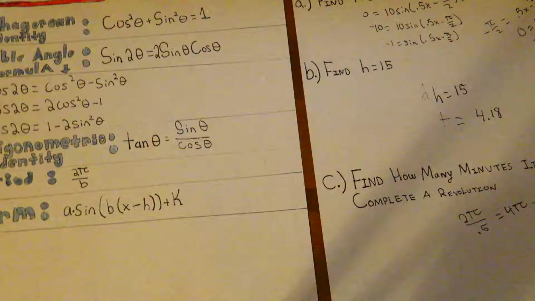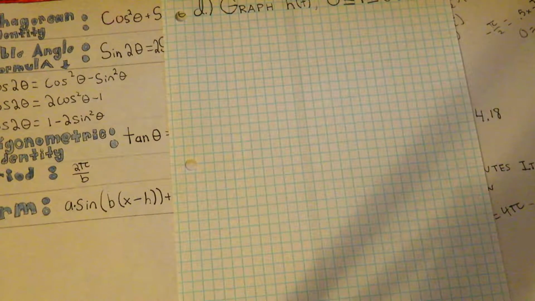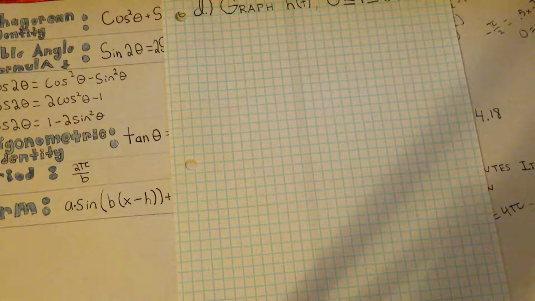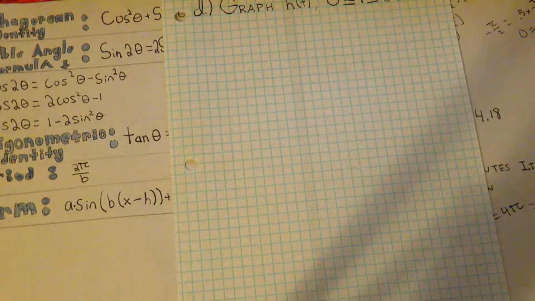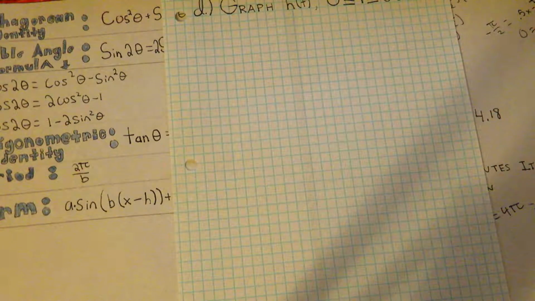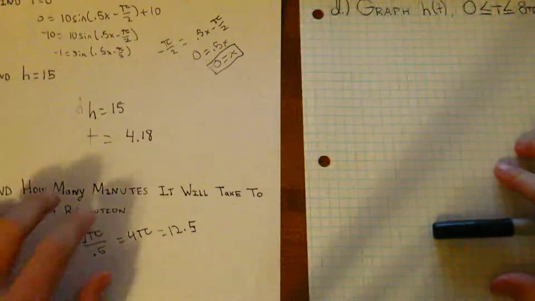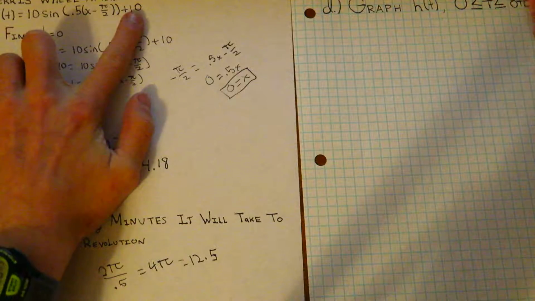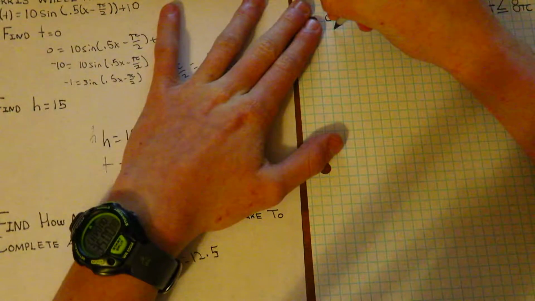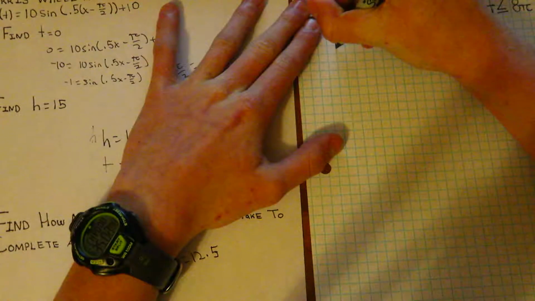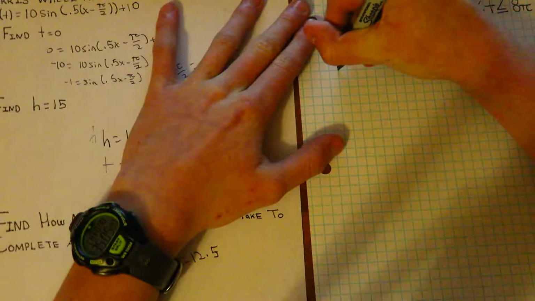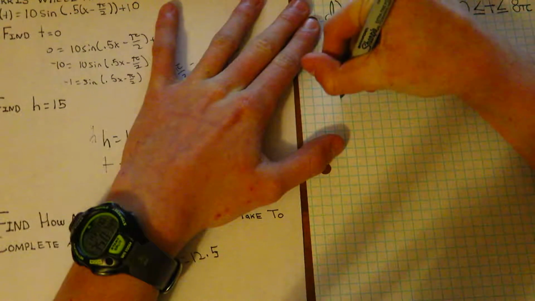Okay, so now we go on to problem D. Graph h of t with a domain of 0 through 8 pi. Okay, so using everything that we learned from the first one, this should be easy to graph. So we know that it starts at 10, and it has an amplitude of 10. So that means our y-axis will have a minimum of 0 and a maximum of 20.